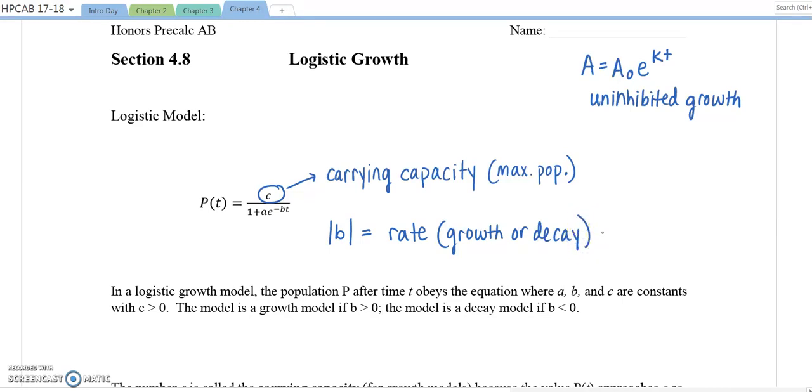Now, keep in mind, there is a negative in that equation, so if you see a negative and then a number with t, you know that's actually a positive b value because the negative is already there. And same thing vice versa. So if b is positive, we're dealing with growth. If b is negative, we're dealing with decay.